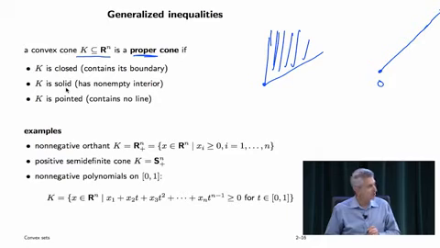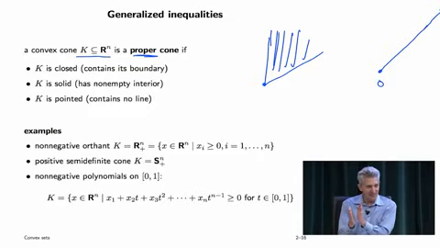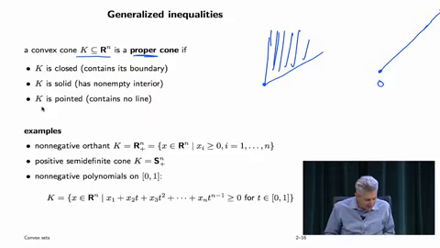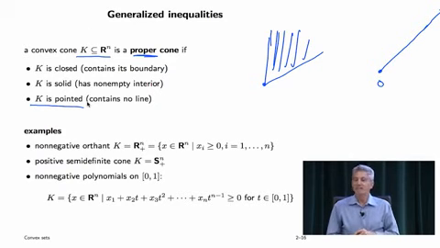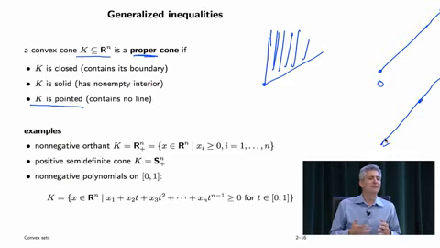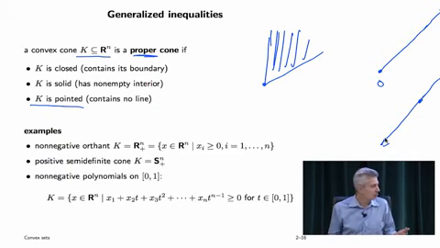I really like these terms, because they are very evocative of what it means. So solid means it's not flat or something like that. It means there's a ball in it. Okay, and it's pointed. Pointed says it doesn't contain a line, right? So for example, a line is a cone, technically it's a cone, and that's just fine.